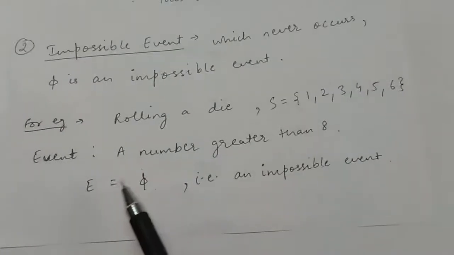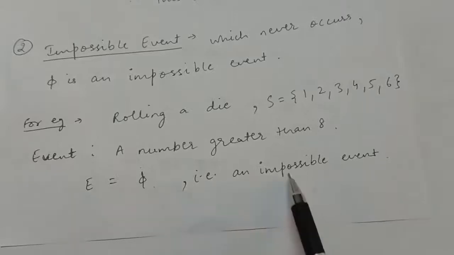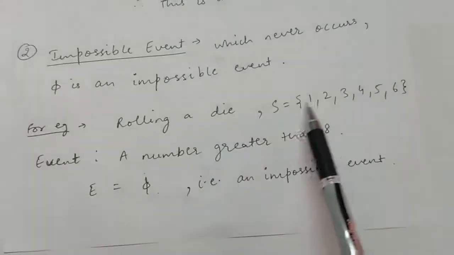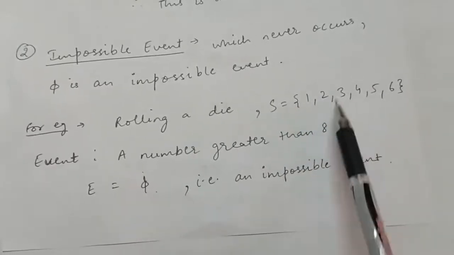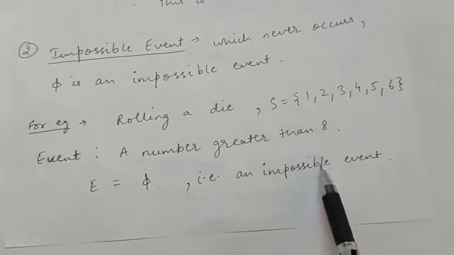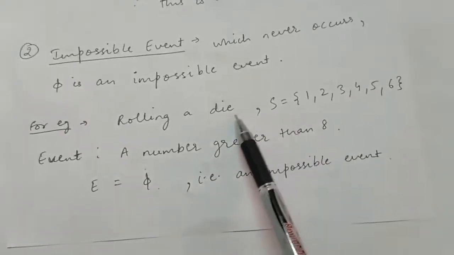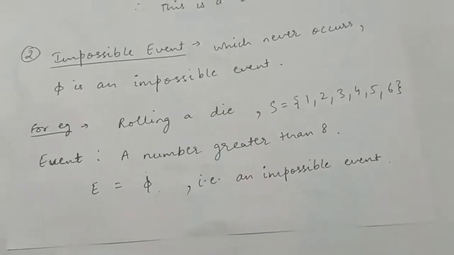So the event E will be equal to phi, that is an impossible event, because when you roll a die you will get these numbers and none of the numbers is greater than 8. So this event can never occur while rolling a die, right? Therefore it is an impossible event.